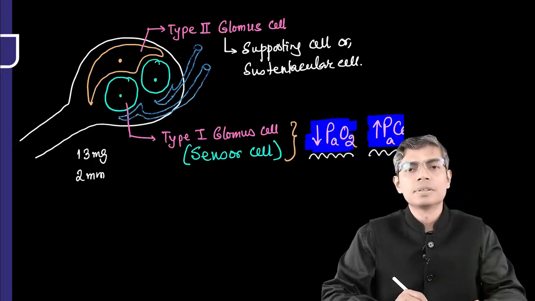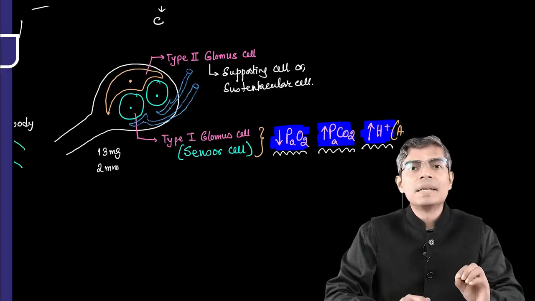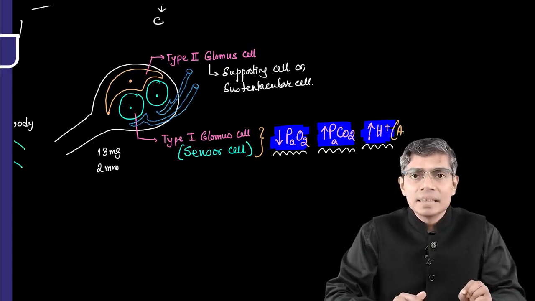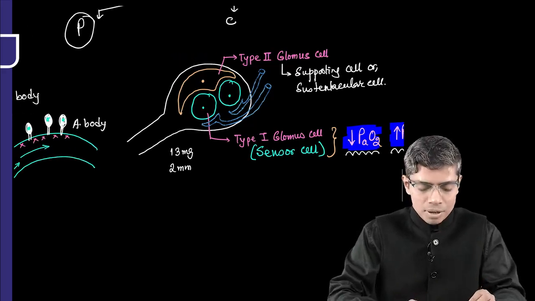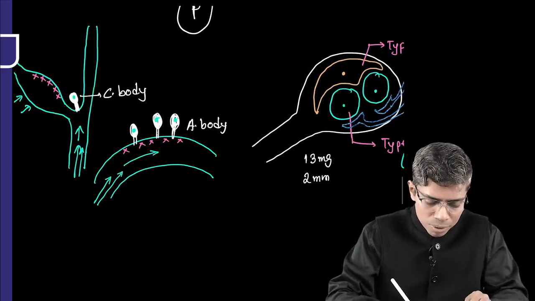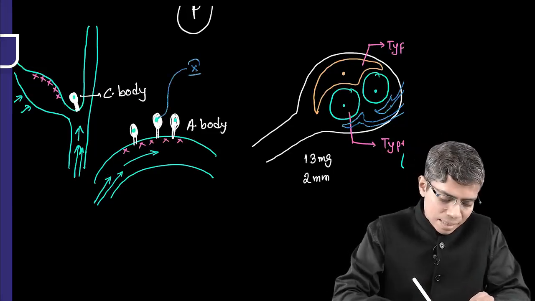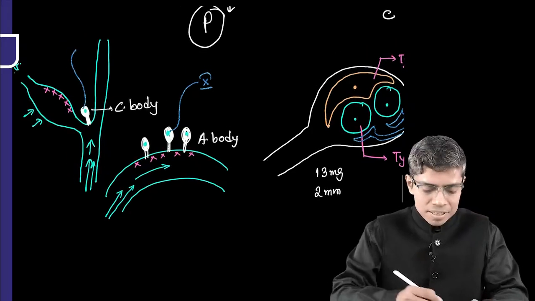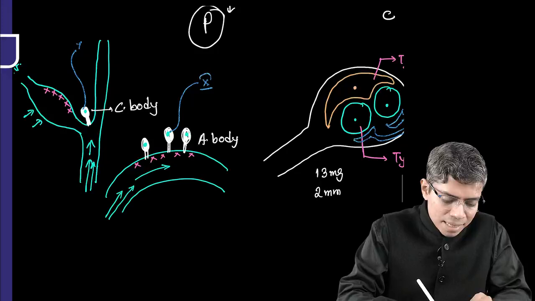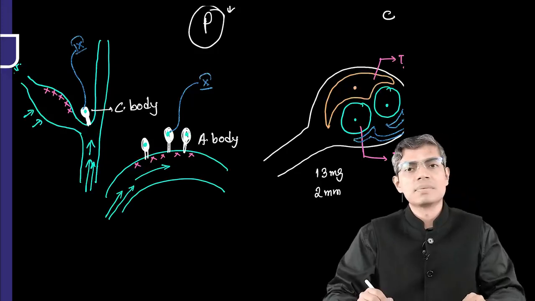So the question is, what is this neuron? This neuron is nothing but the 9th and 10th cranial nerve, because if you look at the aortic region, which cranial nerve is connected here? The vagus nerve. And if you look at this carotid region, then it is the 9th cranial nerve, the glossopharyngeal nerve, that is connected.